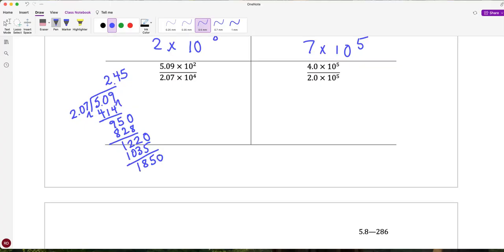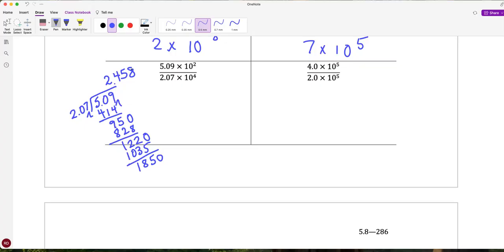And so let's see, I believe it will go into there 8 times.